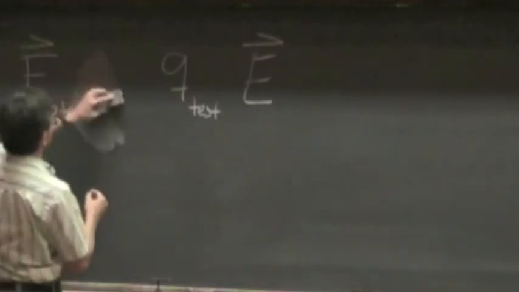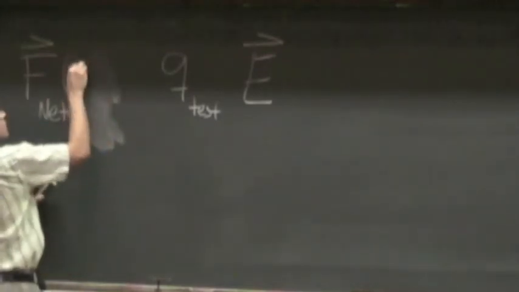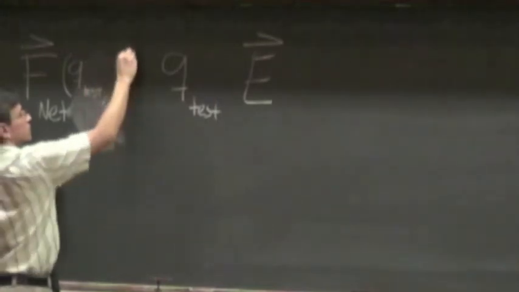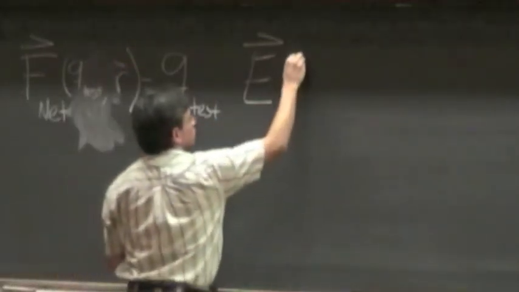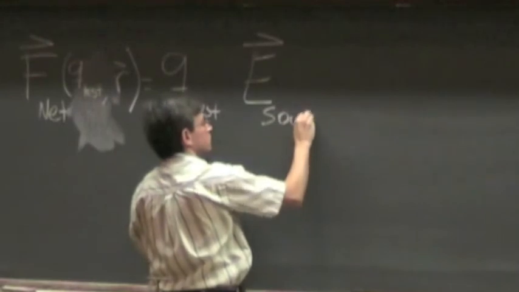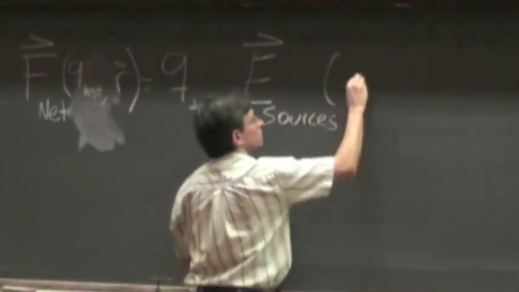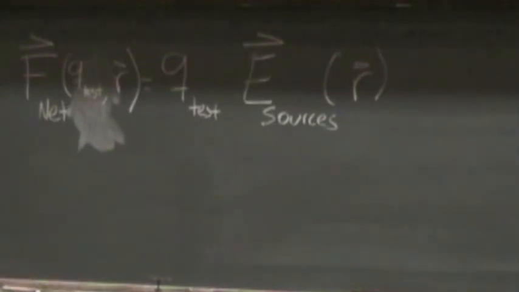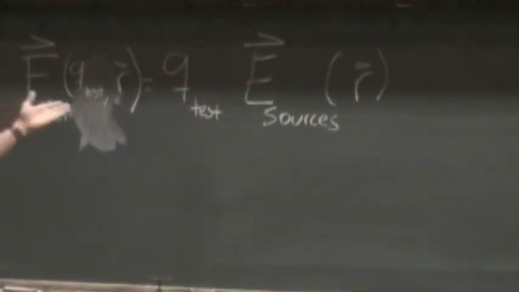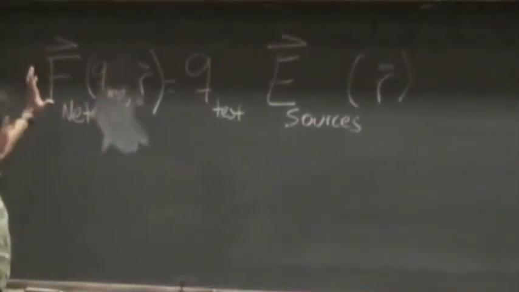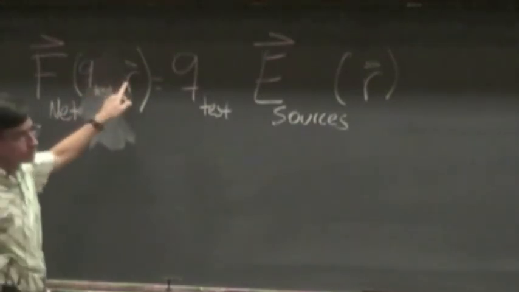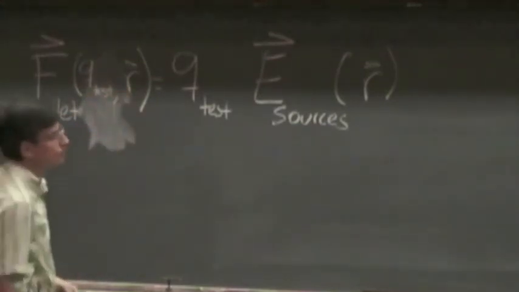I'm going to write it a better way here. Okay, this is the equation that tells us the connection, or this actually defines what the electric field is. So it's the force on a test particle with charge Q test located at some place in space r.